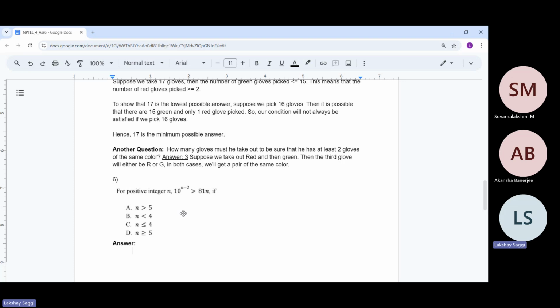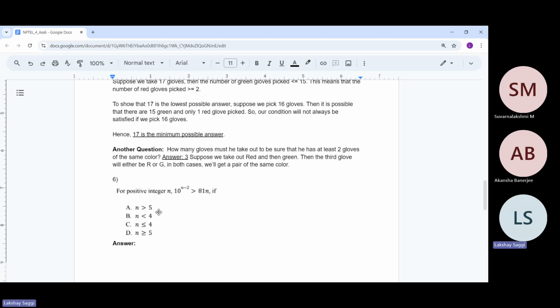10 to the power n minus 2 is greater than or equal to 81. Okay, so Suvarna is saying that option A is correct, that n is greater than 5.